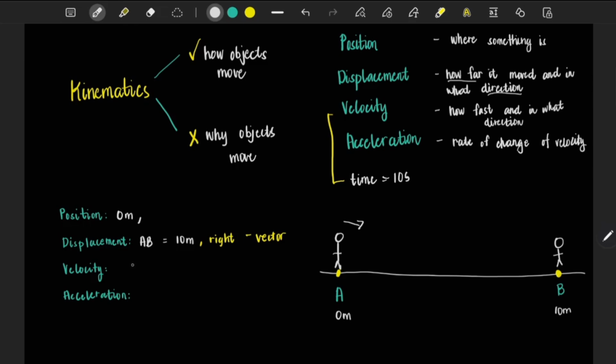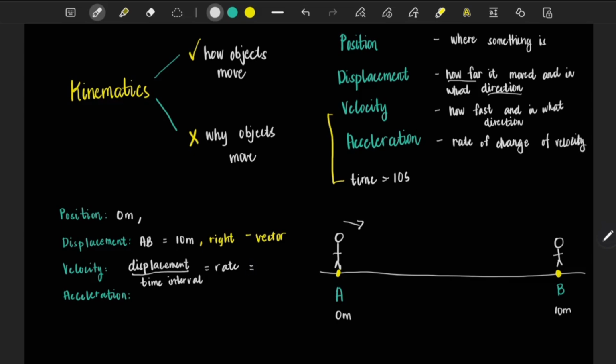It is simply the displacement, or the change in the position of the object over a certain time interval, which is the rate of the change in its motion.